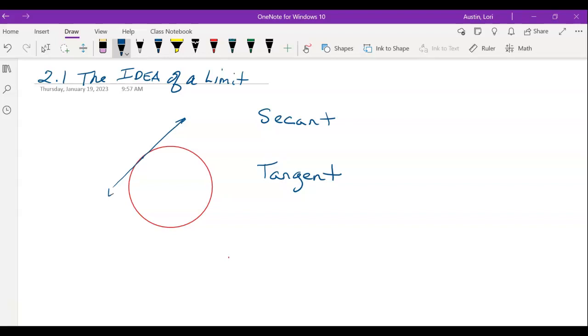Yeah. Okay, he's correct. That's a tangent line. What's a secant line? I already drew it as a hint. Okay, that's a secant. And that's your tangent.